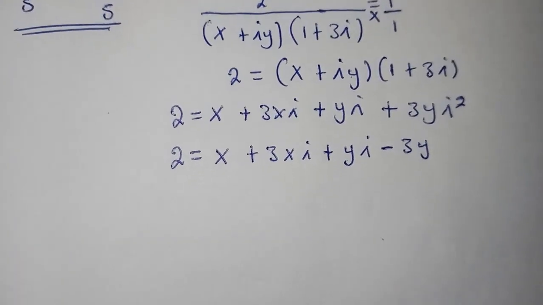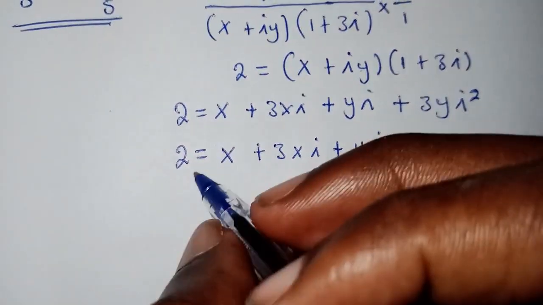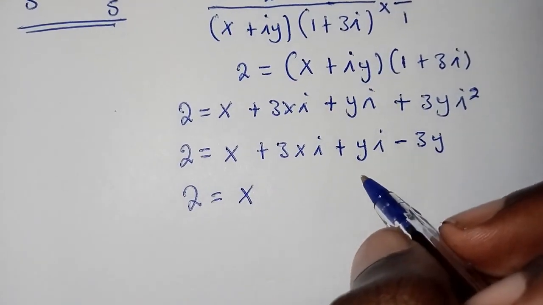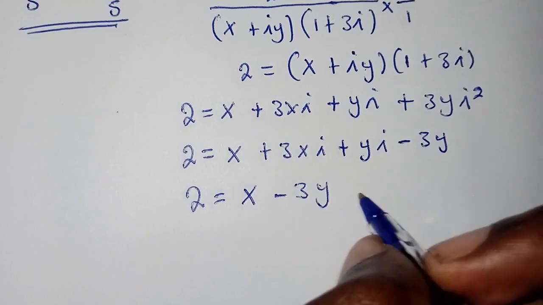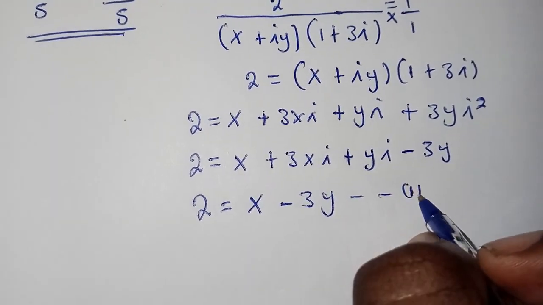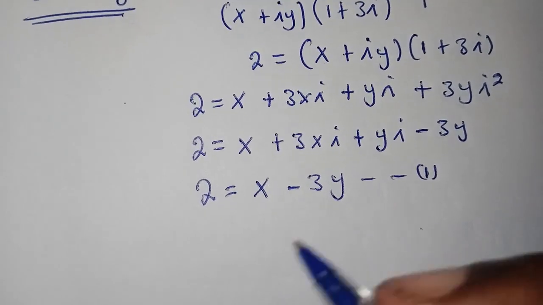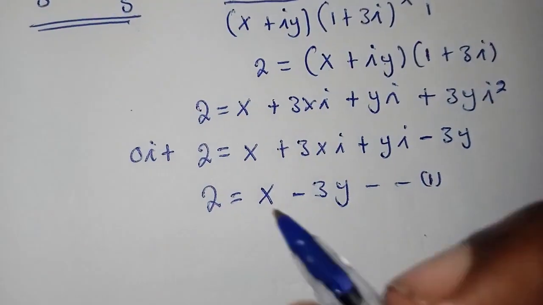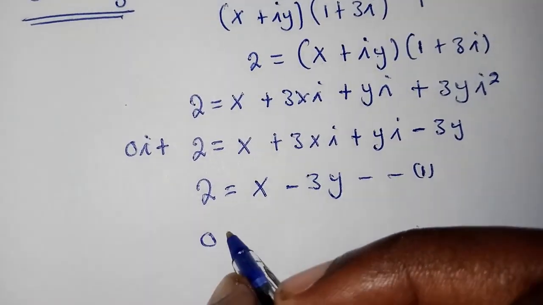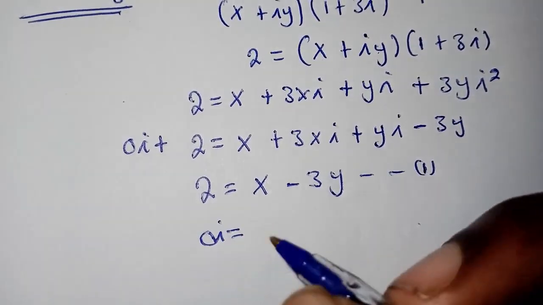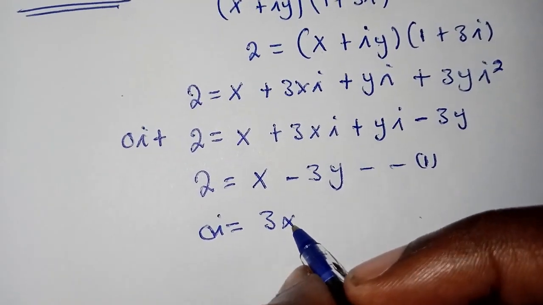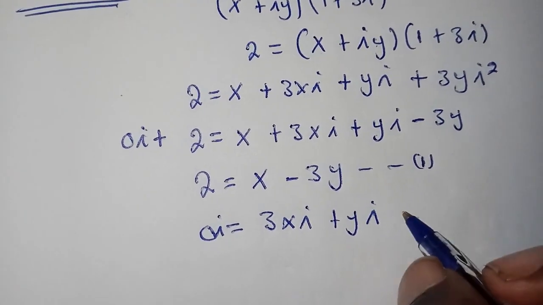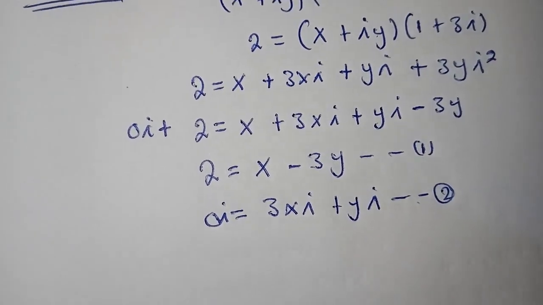Then we collect the reals. The reals are going to be 2 is equal to x minus 3y. This is going to be our equation 1. And the imaginaries, because we know that there is a 0i here, are going to be 0i equal to 3xi plus yi, and we label this as our equation 2.